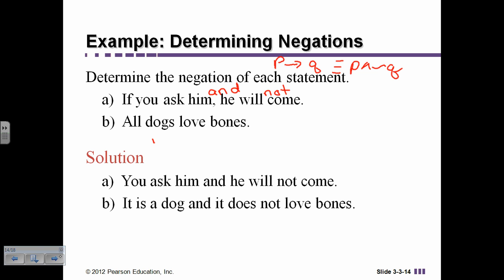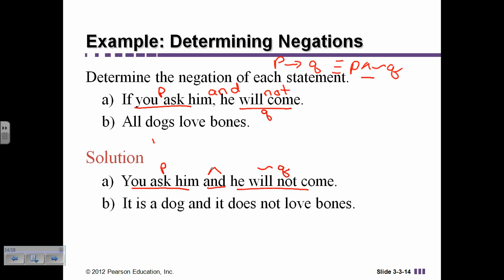So here's what you have. Again, this is what we did. This is the P part of the statement. This is the antecedent. And if you look up here, this is the antecedent. This is the consequent or the conclusion, but we did not Q. This is the symbol for and, the word and.